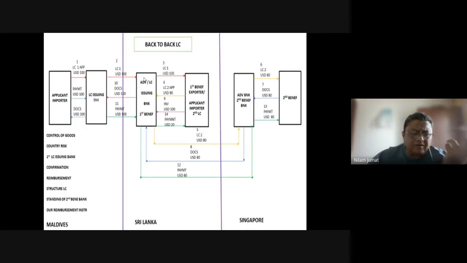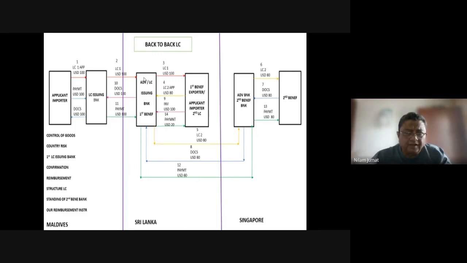So the branch manager asks, okay, what do you want me to do? I want to assure you, if I supply 10 ACs under this Bank of Ceylon LC, I get $100. I want you to open an LC to Ching just for $80 to supply some ACs to Ali in Maldives.